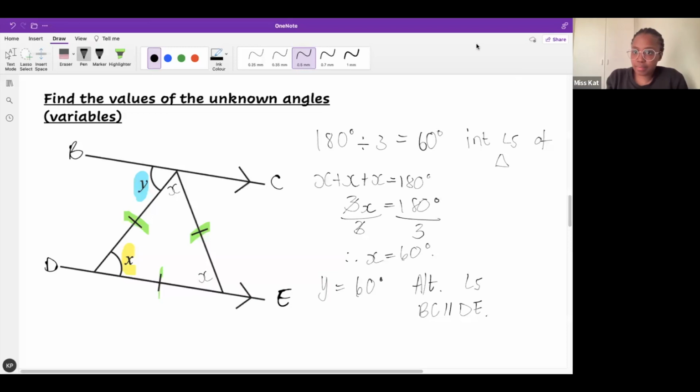Let's say you write an exam and they did not label the parallel lines. Is it fine if you label them on your own? Yes, that's fine. Okay, thank you, ma'am.